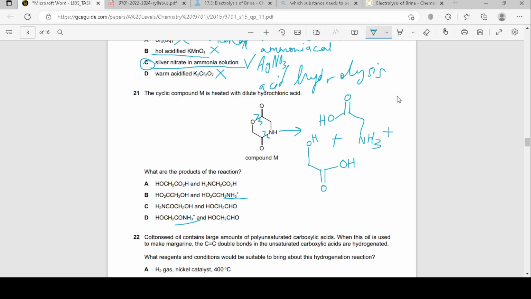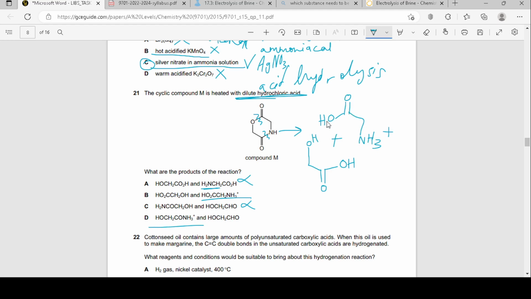Okay, and because it's acidic conditions, you have to look for the option where these two products form. Obviously you can cancel this out because it has NH2, and this is acidic conditions, as I told you. You can also cancel this out because you don't see NH3+, so I have HOOC CH2 NH3+, that's what I have.